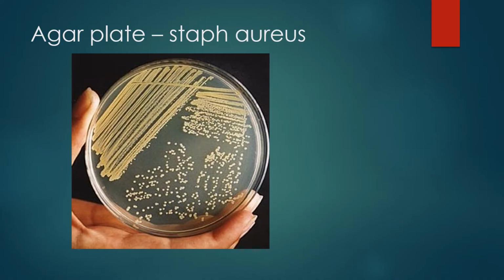We're now going to do what we call a culture and sensitivity on that urine, where they're going to take a sample and smear it on an agar plate. They're going to develop that. Once that's done, that's where we're going to see what type of microbe exactly is causing that urinary tract infection.